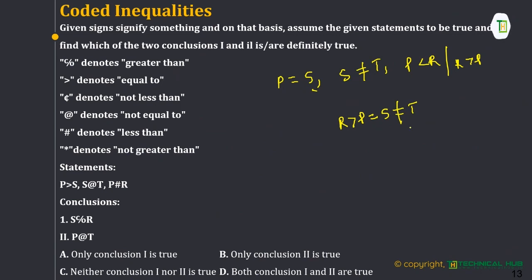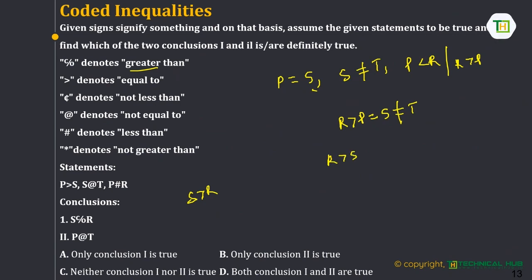Final statement is here. Coming to the conclusions, S care of R means S greater than R is given as one conclusion. But given the statements, R greater than S is the correct answer.